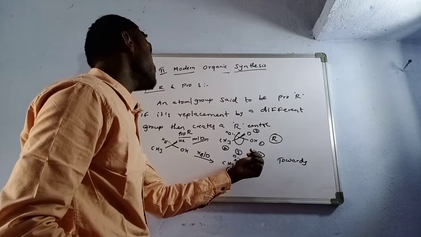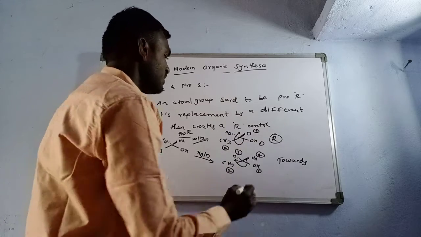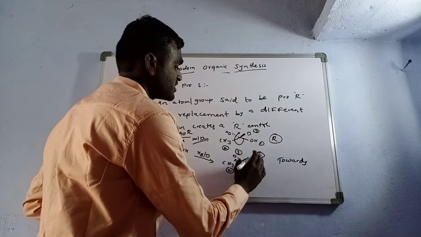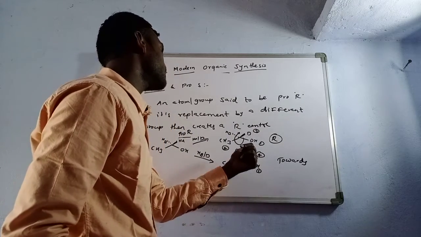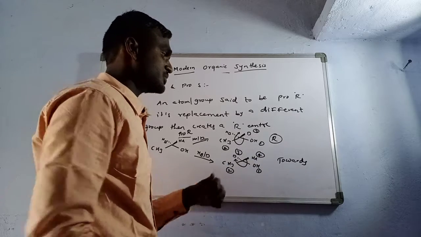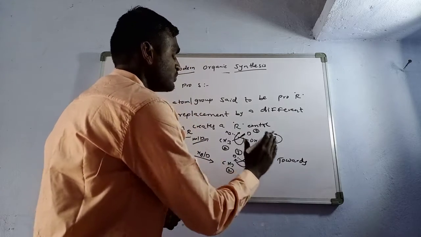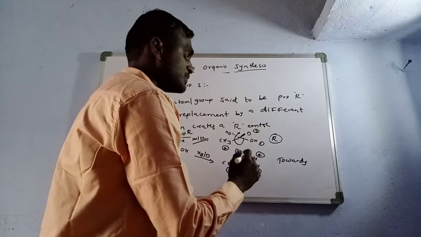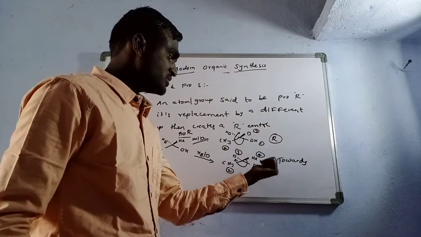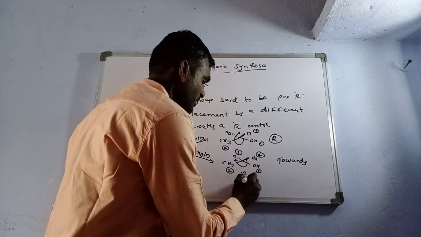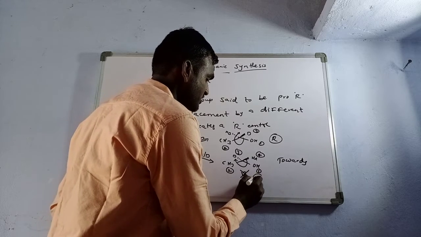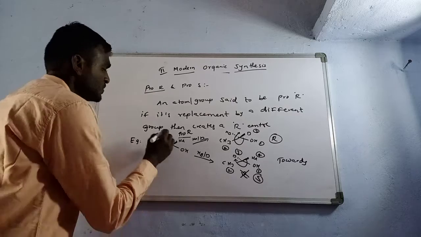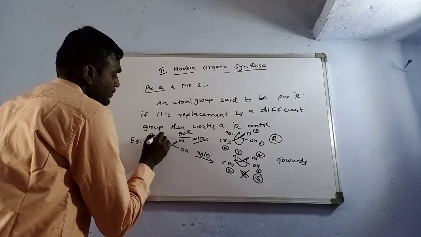If the fourth priority group is away from you, then R is just R. But here the fourth priority group is towards you, so whenever the fourth priority group is towards you, the configuration becomes inverted. Meaning if it would be R, the configuration is inverted, so it is an S configuration. So here HB is Pro-S.